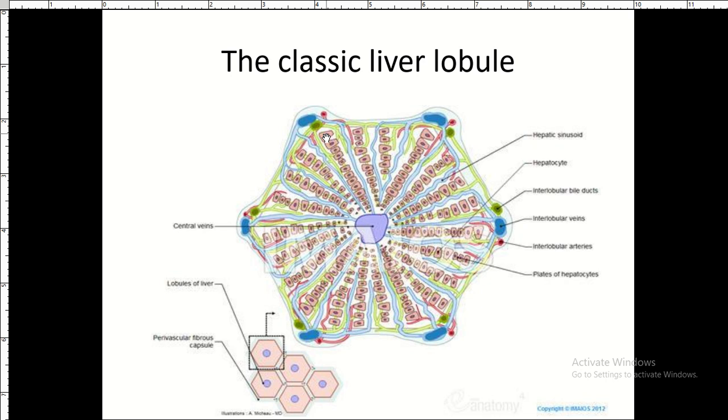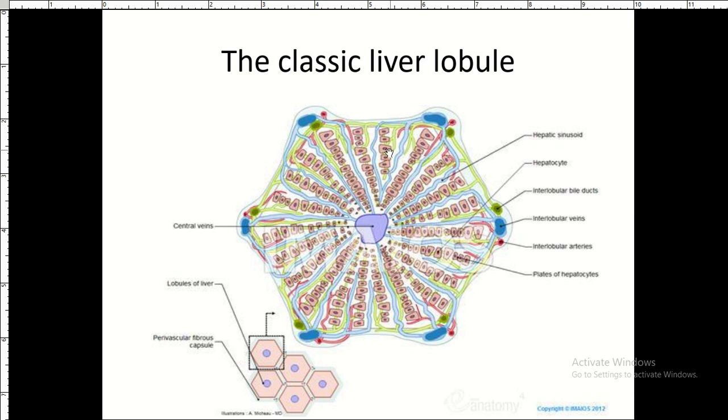A hepatic lobule, right? It emphasizes the endocrine function of the liver. When the blood is moving through the sinusoid, remember these hepatocytes synthesize plasma proteins, so you have plasma protein being secreted into the blood.